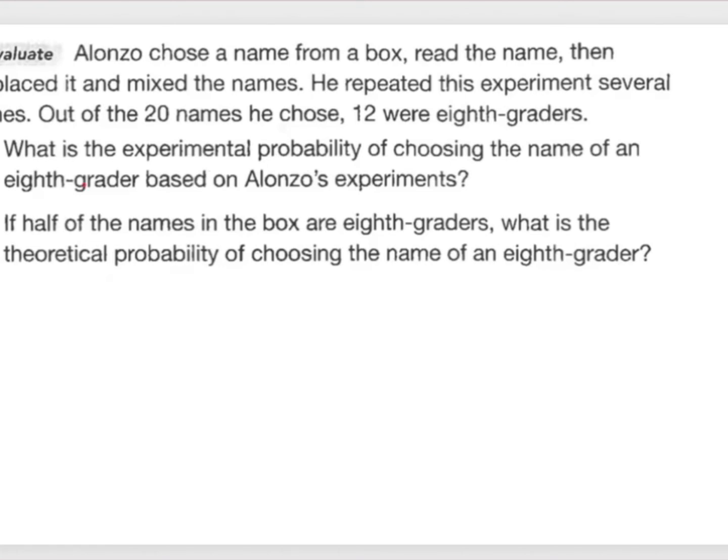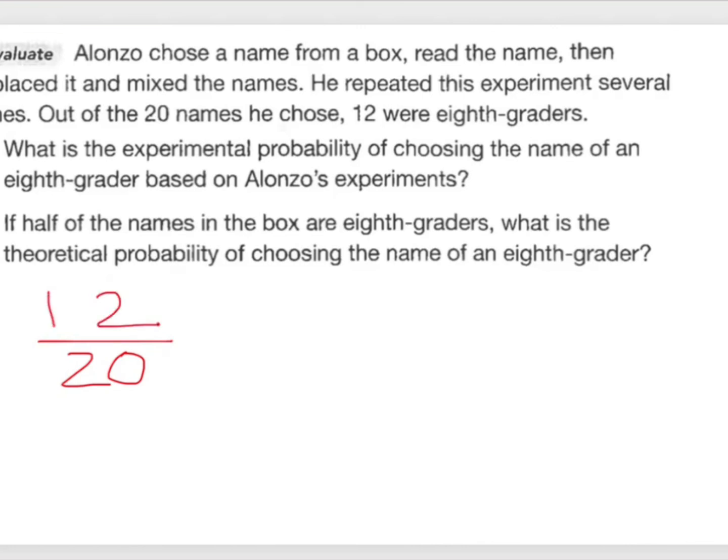Okay, so he chooses a name from the box, he read the name, and then he replaced it back in the box and mixed the names up again. He repeated this experiment several times. There were 20 names, okay, and 12 were 8th graders.